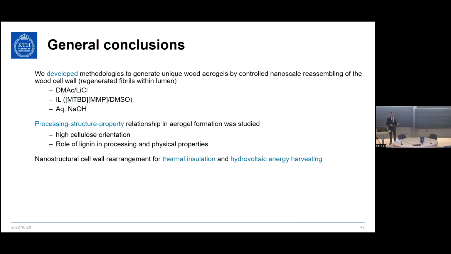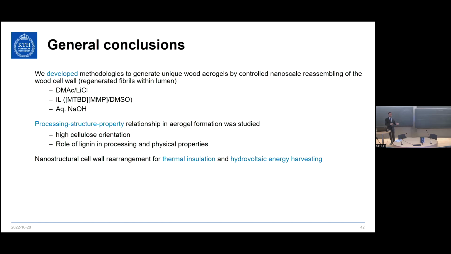So the general conclusions of our work is that we developed methodologies to generate a unique wood structure in which we could control the lumen nanofibrillated networks, but also the thickness of the cell wall and create wood aerogels. And we did this by using magnesium chloride, an ionic liquid mixture, and an aqueous sodium hydroxide. We studied the processing structure relationships in which we could see that all our materials obtain high cellulose orientation, which gave a lot of strength to this material.